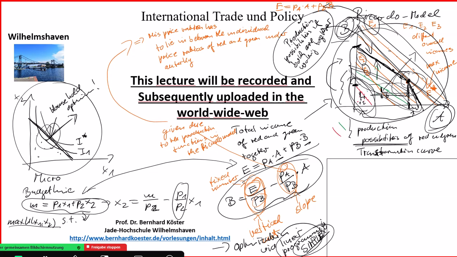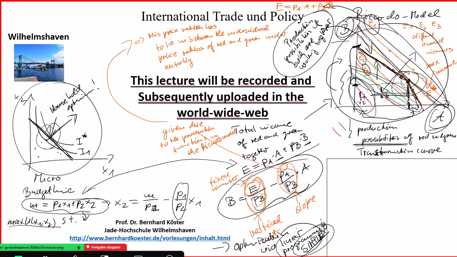Well, now we know that somewhere in between the flat and steep transformation curves is the slope, the price ratio of the income or budget line, representing a price ratio where both countries, green and red, feel better.